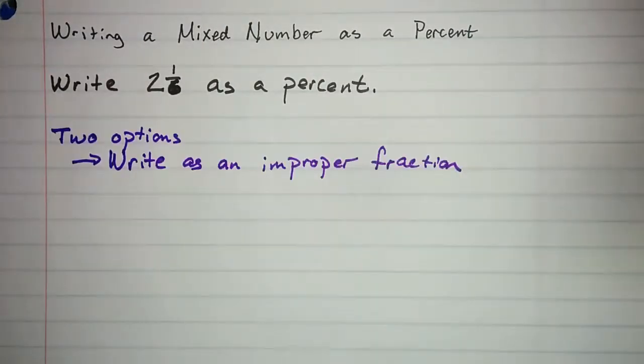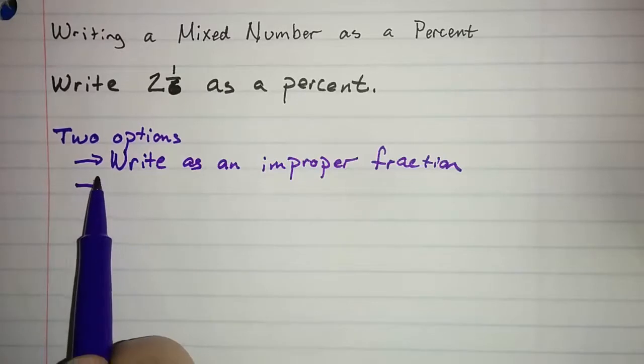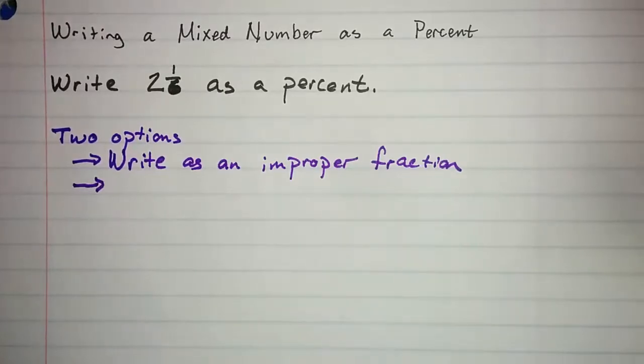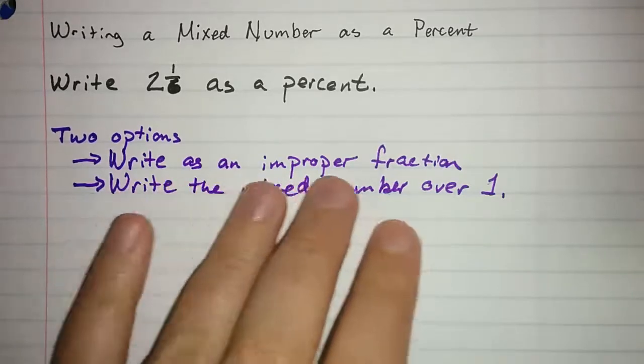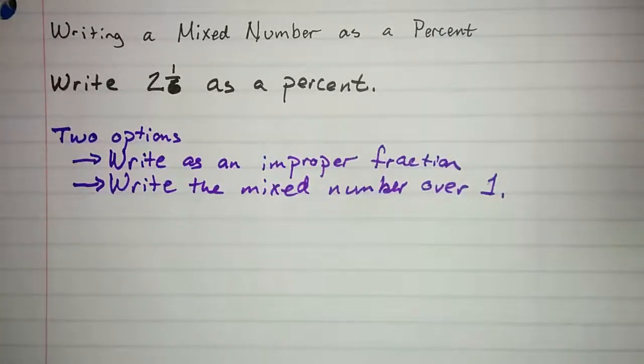We can write our number as an improper fraction, or we can work the same way we did when we were writing with a given denominator. That is, we can write the mixed number over 1. Either one is going to be about the same amount of work, so I'm typically going to choose this first option. Right, so how would we go about that here?